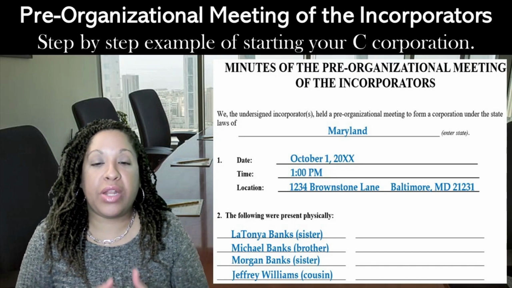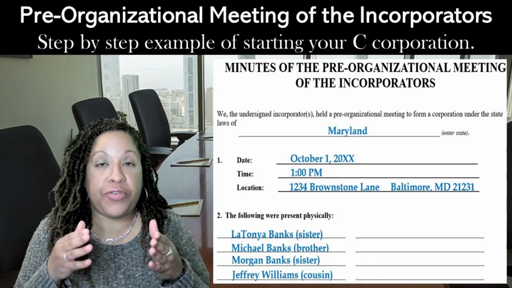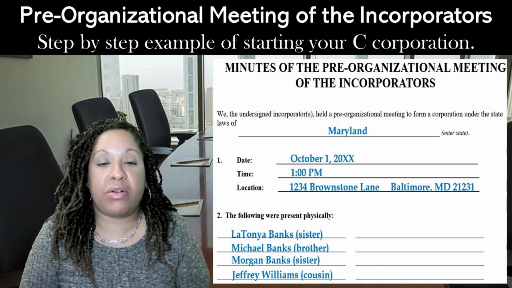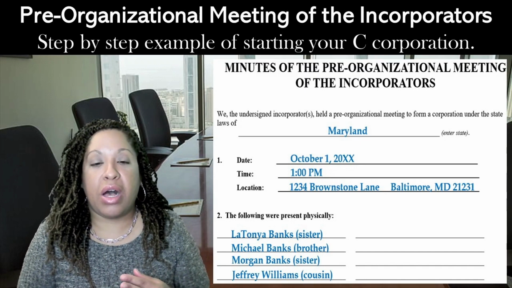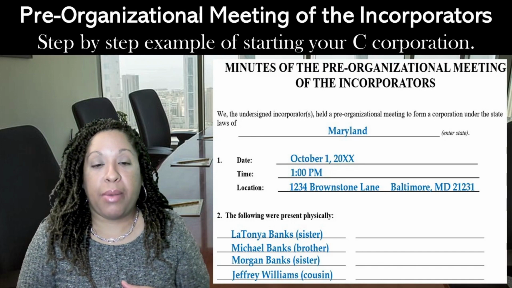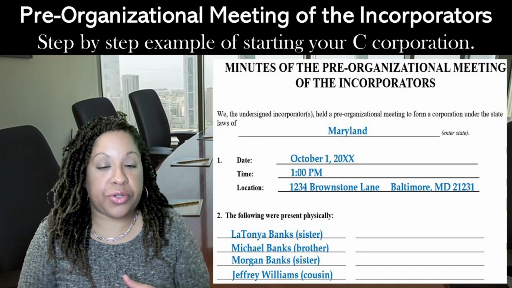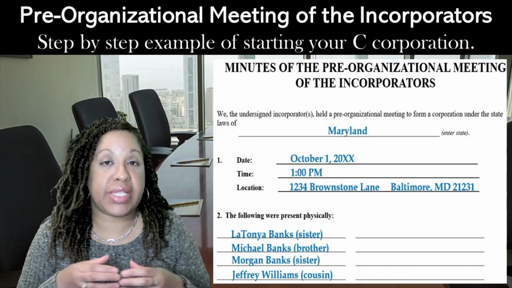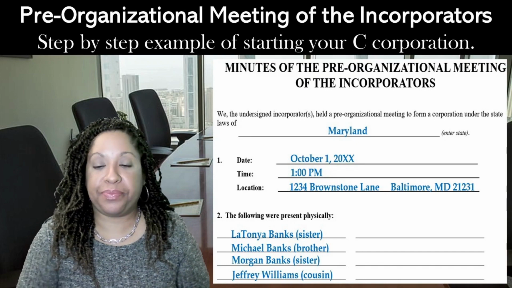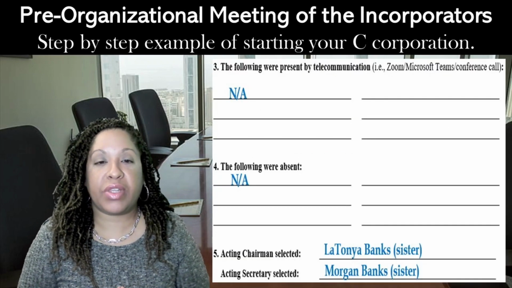21231. The following are physically attending this meeting right now: we have Latanya Banks, who is one of the sisters, Michael Banks, who is the brother, Morgan Banks, who is the other sister, and Jeffrey Williams, who is a cousin. Remember, this is a family that's coming together to form this corporation. All right.